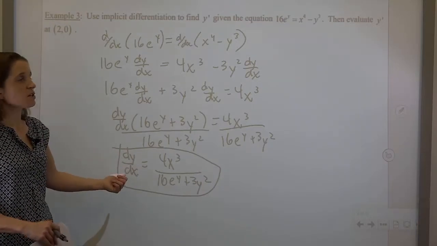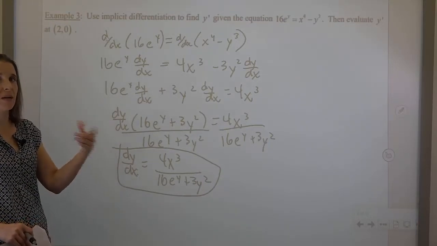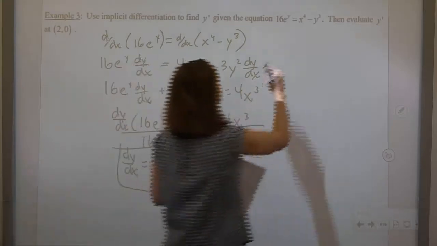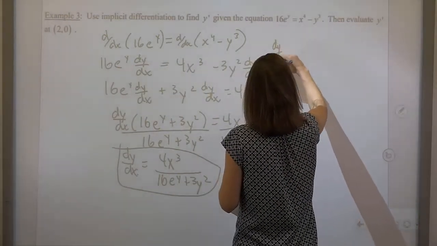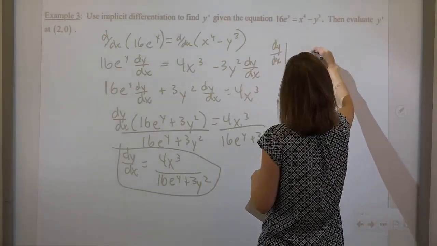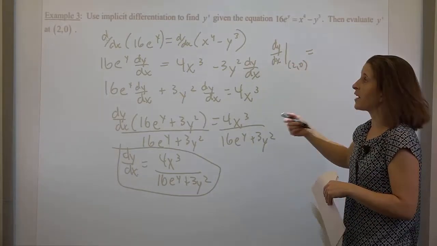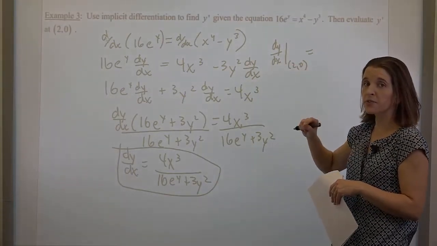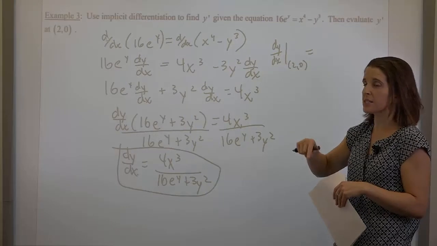Remember, with this notation, we draw a line and put the point next to it to say we're evaluating it at a point. So this means the derivative evaluated at the point 2, 0. I've got to be careful to put 2's in for x's and 0's in for y's.